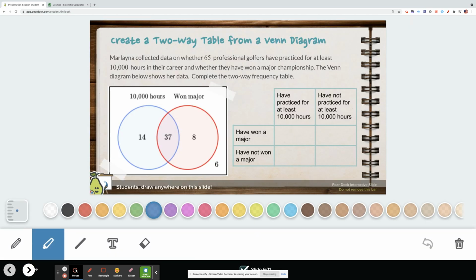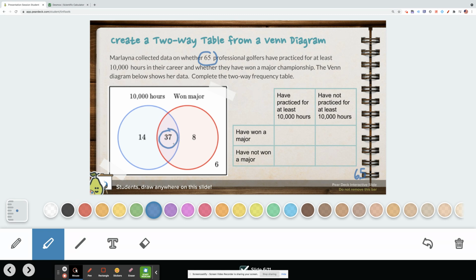Now we go on to a Venn diagram, and I can see that we're talking about golfers. In fact, they're professional golfers. There's 65 golfers who have been surveyed. And we asked them, have you won a major? And did you practice at least 10,000 hours in your career? Okay, and is there a correlation? Well, I love to look at the overlap first.